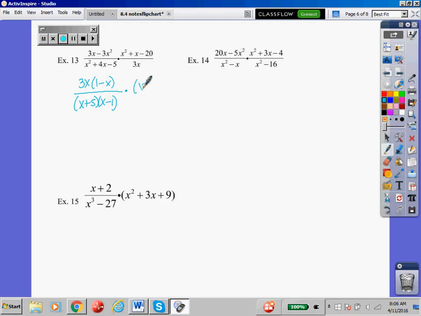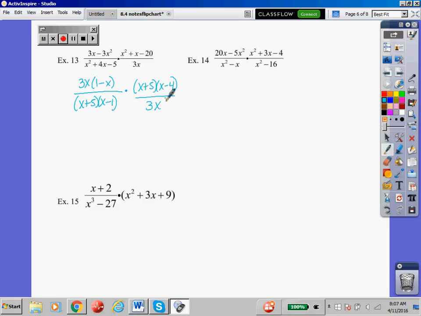Over here, I'm going to get x plus 5 times x minus 4. So when it's polynomials, not just single terms, you're going to factor each numerator and denominator and see what kind of canceling you can do.